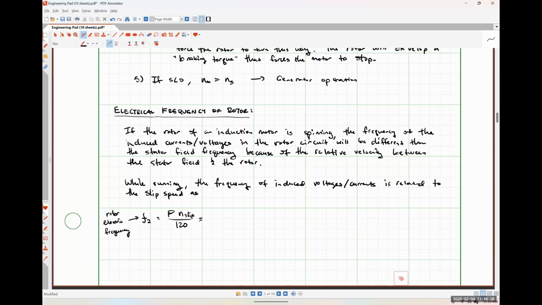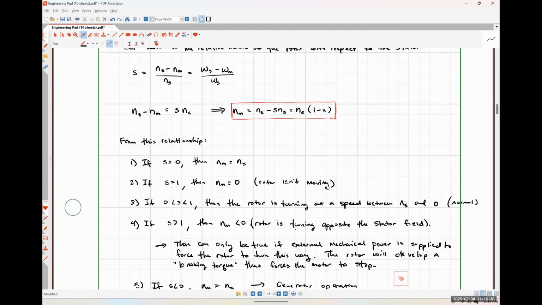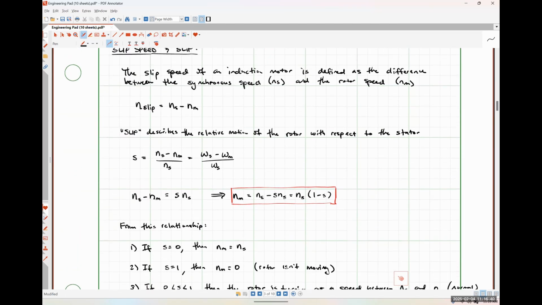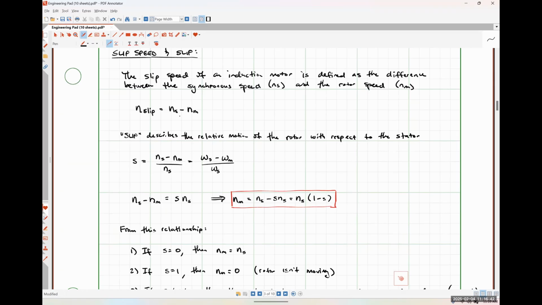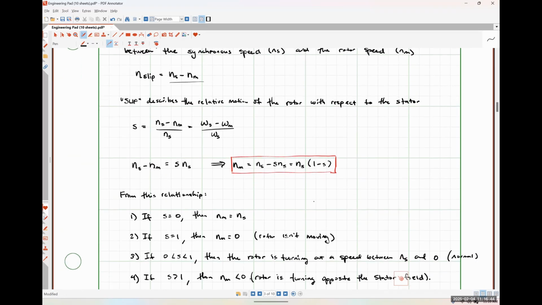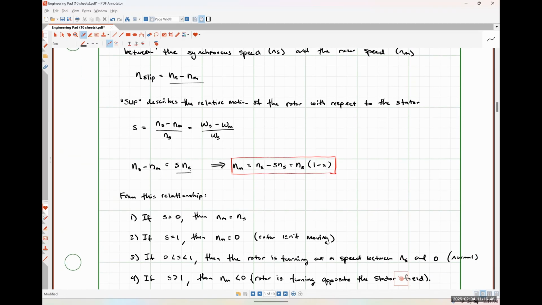Now we can play with this a little bit. We know that N slip is equal to S times NS from up here. Right? So N slip, NS minus NM, is equal to S times NS. So I'm just going to substitute in that relationship.